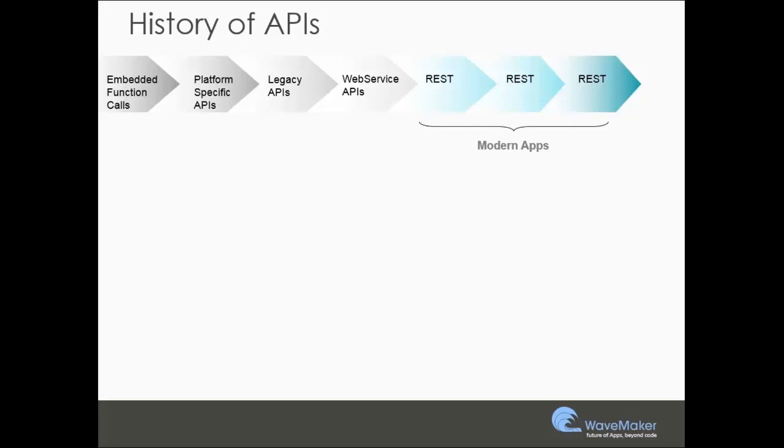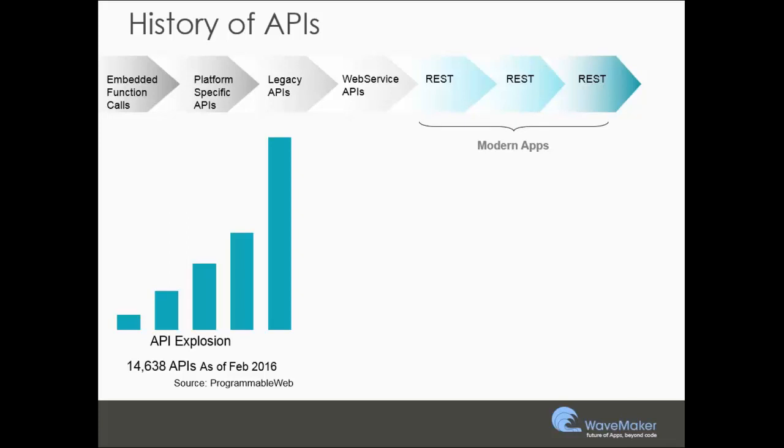These modern applications, which I'll talk about in a second, use a set of APIs called REST APIs, Representational State Transfer APIs. At the last count, the programmable web, which keeps a directory of all the APIs, lists about 14,000 REST APIs for programmers to consume. These APIs are all published, and developers can build applications using them.